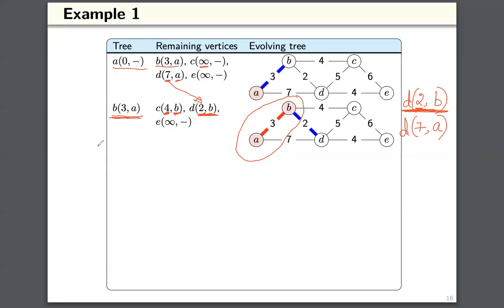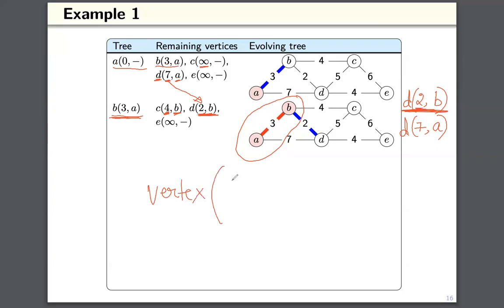Professor, question. Yes. Here you see D has the parenthesis 2B. Why? I think there should be another option like D7A. Right. So what we said is we are trying to update. Think about this: for every vertex, we are storing the value.